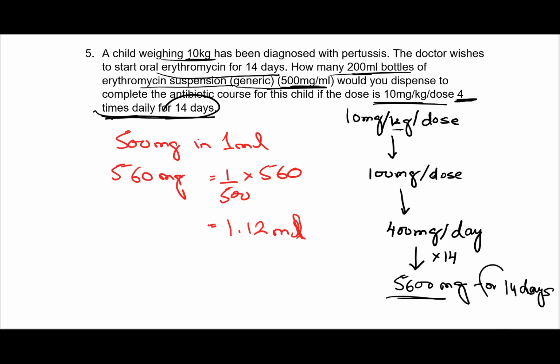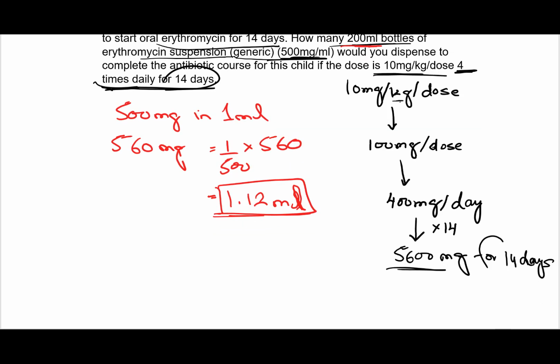So over the 14 days we have to give the dose of 1.12 mils to the patient, and the bottle has 200 milliliters. So 200 milliliters are in one bottle, and over 14 days we have to give to this patient 1.12 mils. So quite obvious that we will dispense one bottle, and that's the answer.